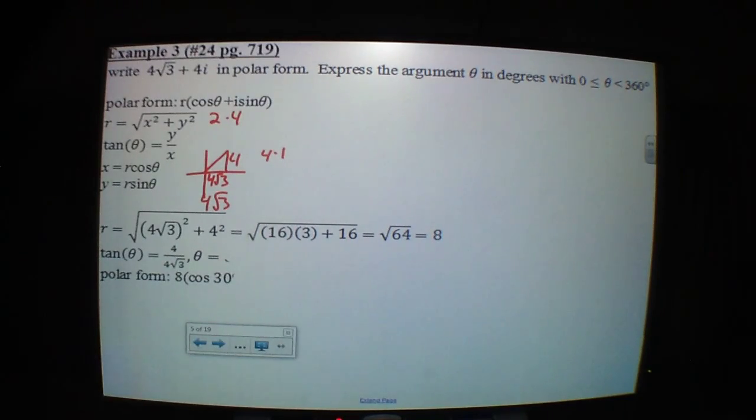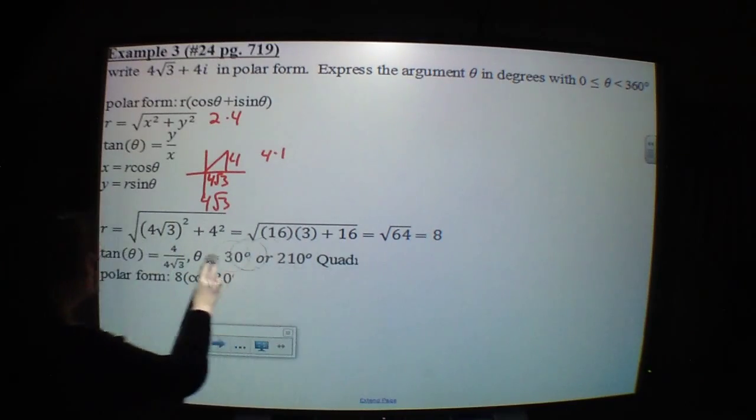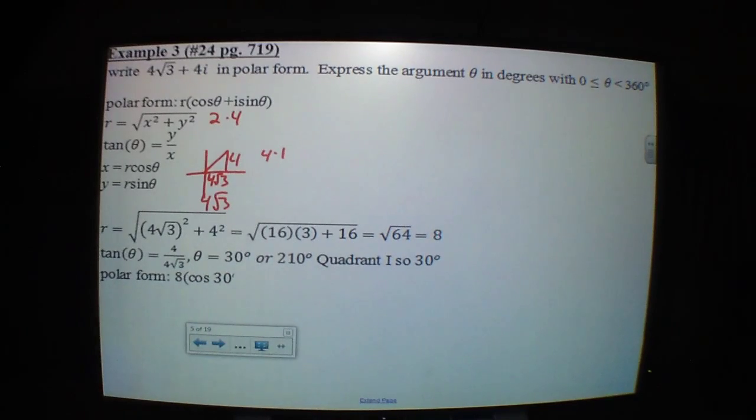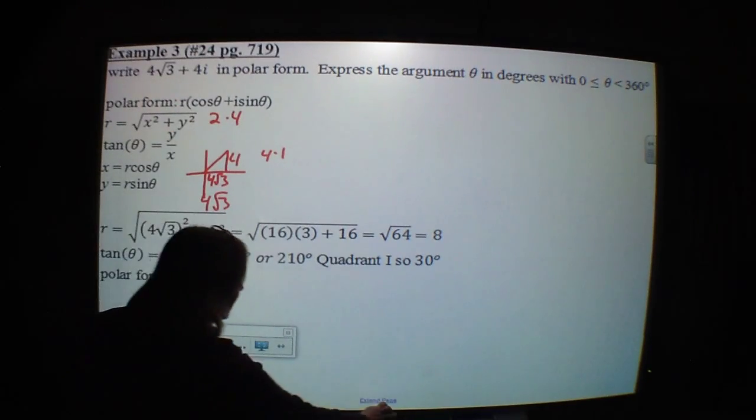If you did not know that, you would take the inverse tangent of this ratio here, and you still get 30 degrees in your calculator. But if I was in another quadrant besides the first quadrant, it could be 210, but these are both positive, so they're in the first quadrant. So be careful.